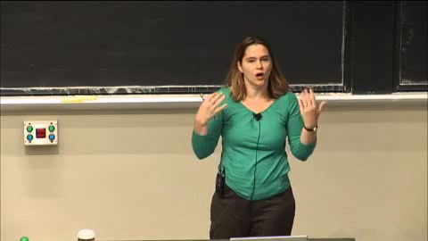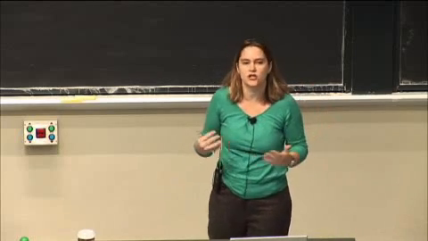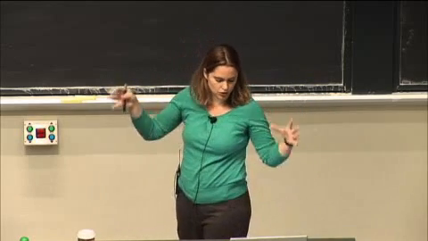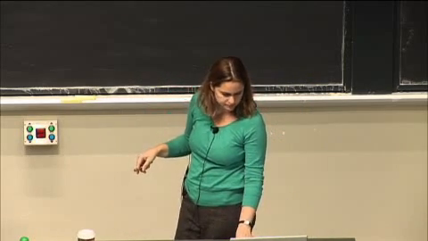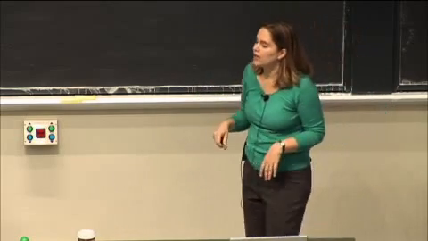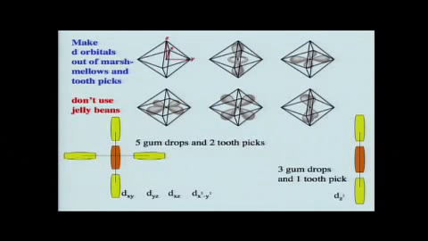And so crystal field theory, again, can help explain and rationalize the properties of these transition metal complexes or coordination complexes. To help us think about geometry, I always find for myself that it's helpful to have models.